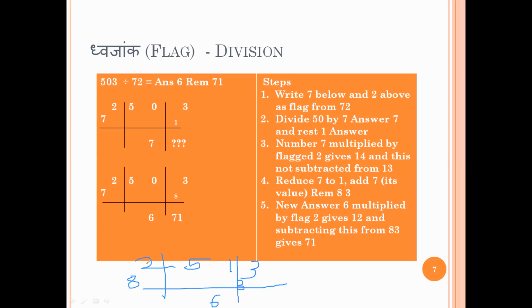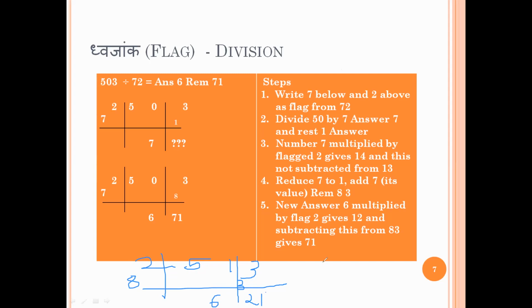6 times 2 is 12. So 33 minus 12, how much is it? 21. So answer is 6, remainder is 21. Clear?